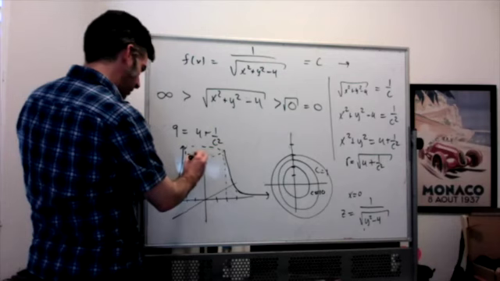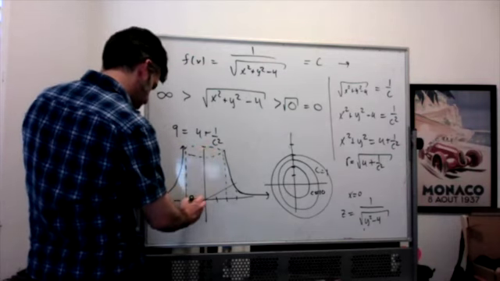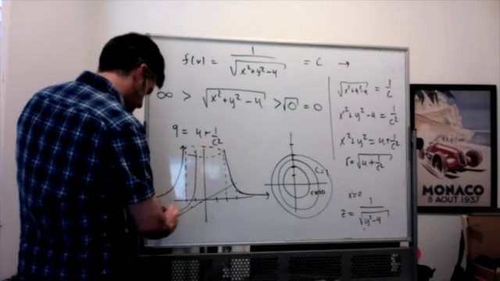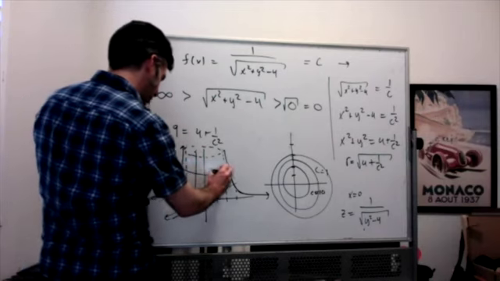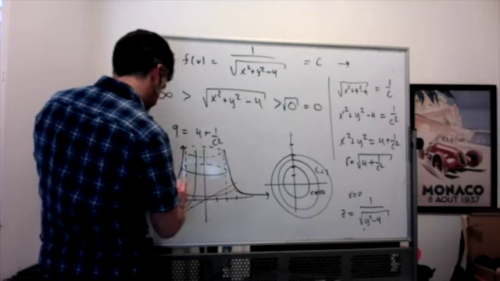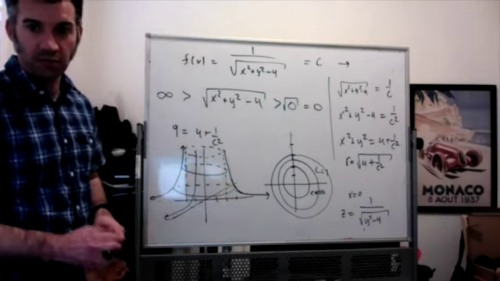And then we've got something like that. It's kind of when you've got level curves that get to be bigger and bigger circles as you go closer and closer to the xy plane.